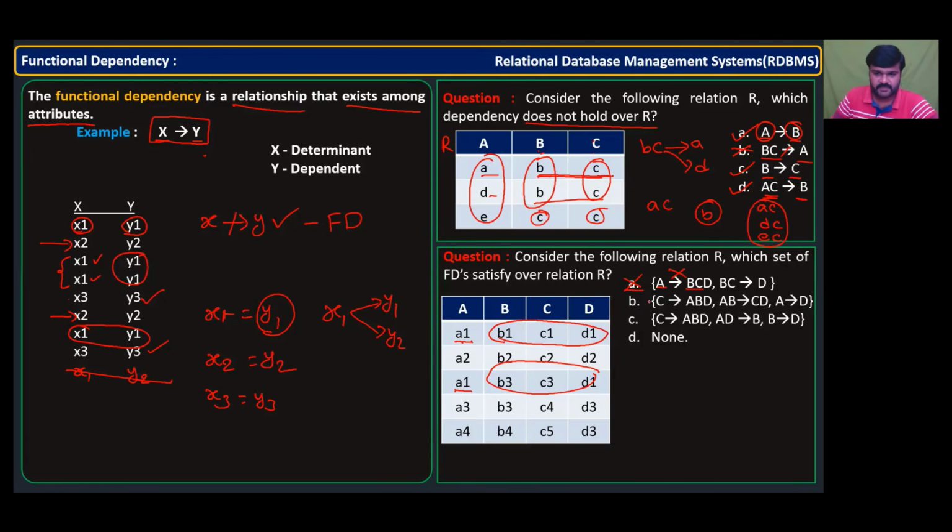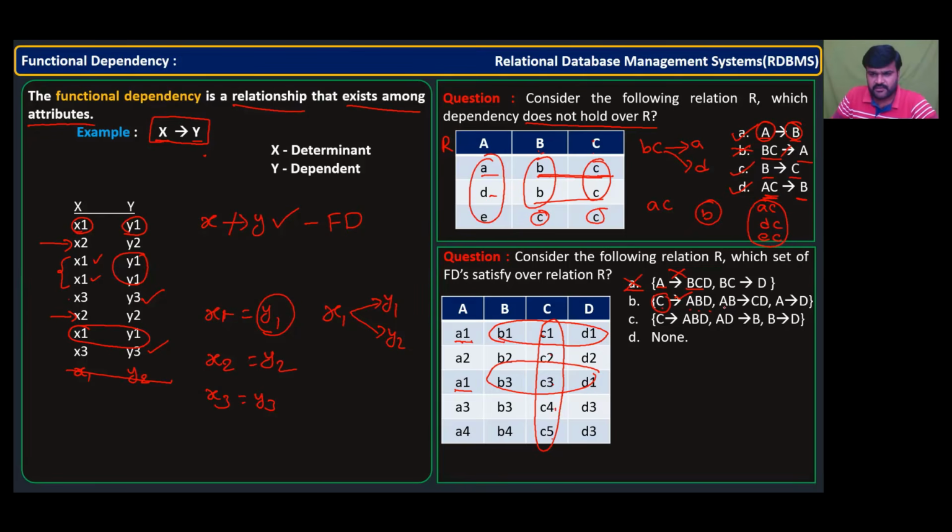Okay, now let us go for B. C derives ABD. Looking at the LHS part C, if you observe, C1, C2, C3, C4, C5, all of them are distinct. That is a very important thing. Since all of them are distinct in this FD's LHS part, this is a valid FD, because whether the RHS is repeated or different, we don't bother.